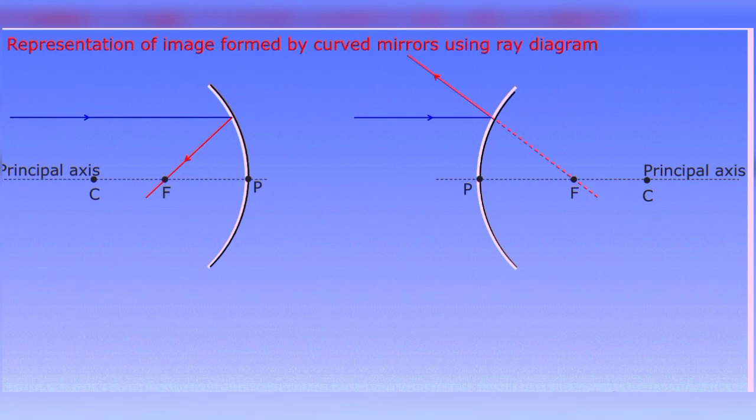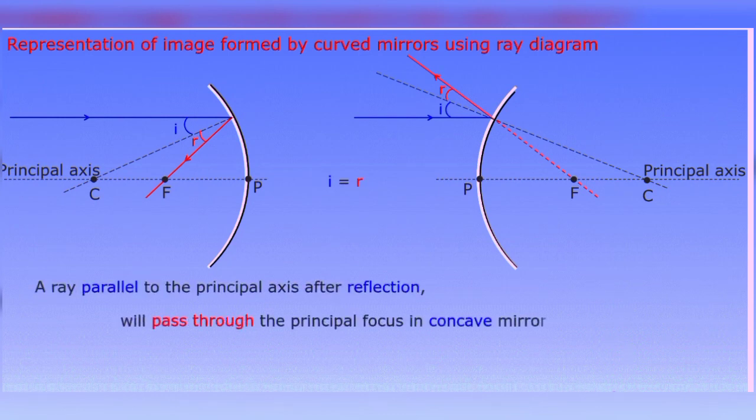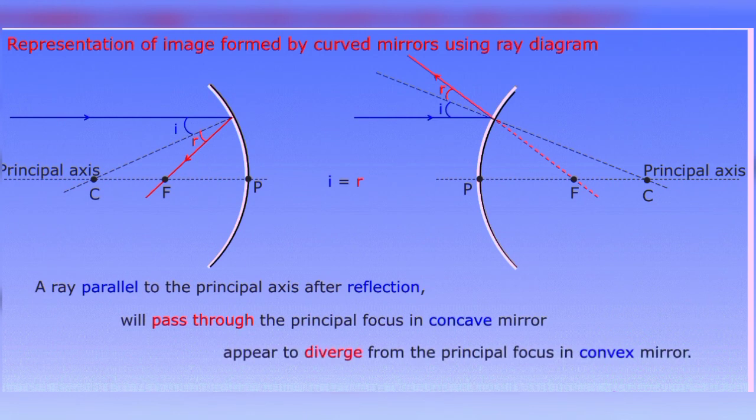In figure first, a ray of light which is parallel to the principal axis strikes a reflecting surface and gets reflected from the concave mirror, and it passes through the principal focus. In second figure, a ray parallel to the principal axis after reflection appears to diverge from the principal focus in convex mirror.